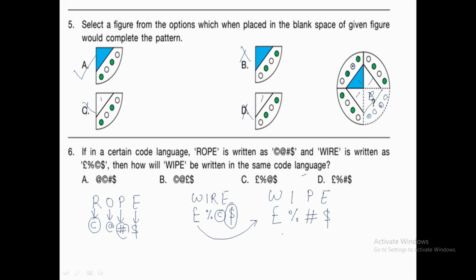So the code that we have found is pound sign, percent sign, pound, percent, hash, and dollar. Out of the given options, option D is exactly the same as the code that we have formed. So option D is the correct answer.